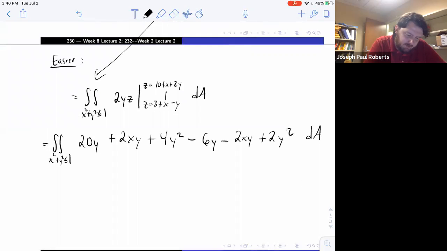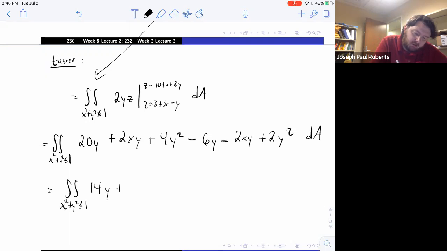As you could have seen, the x's were going to cancel when you plugged in and subtracted. So anyway, it looks like we're going to get the double integral of 14y plus 6y squared.